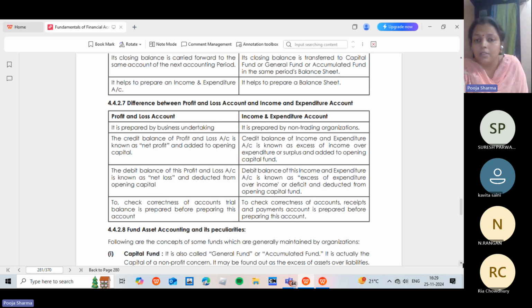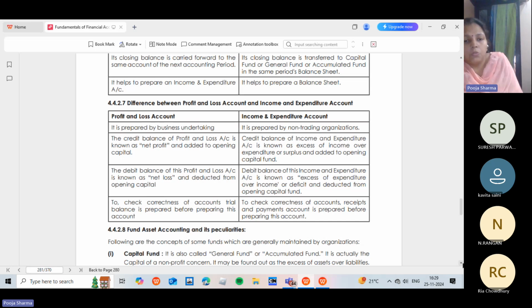The credit balance of the P&L account is net profit, while here we know it as surplus. The debit balance of the P&L account is net loss, and here it is deficiency. If it is a net profit, it is surplus. If it is a net loss, you can say it is deficiency.